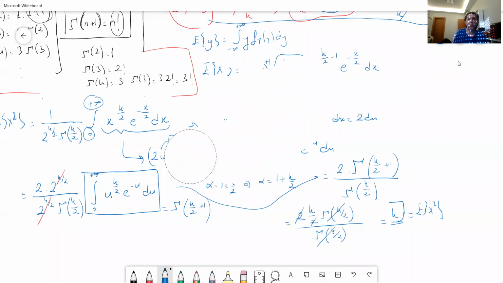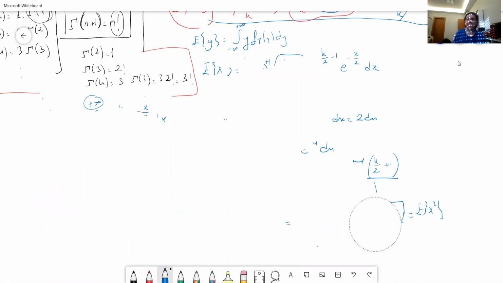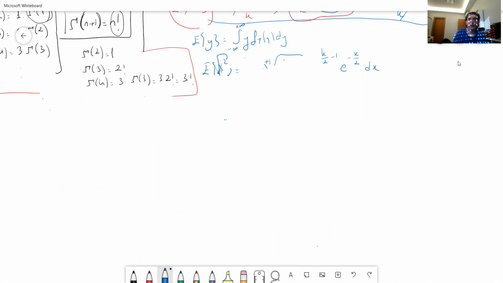So these would all be cleared. Note that it's a better way of showing it in this fashion: the expected value of the square root of x square. It's easier to see the relation.